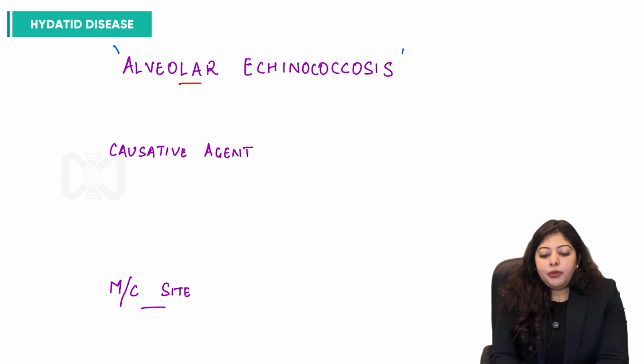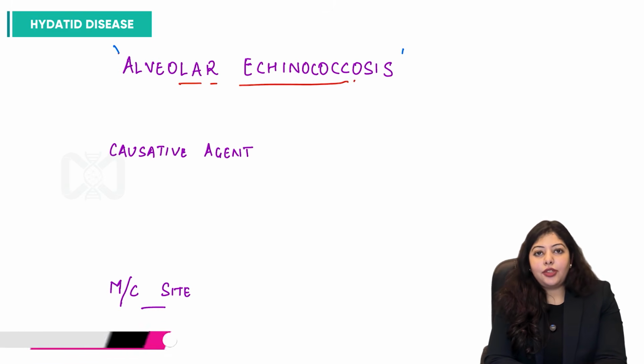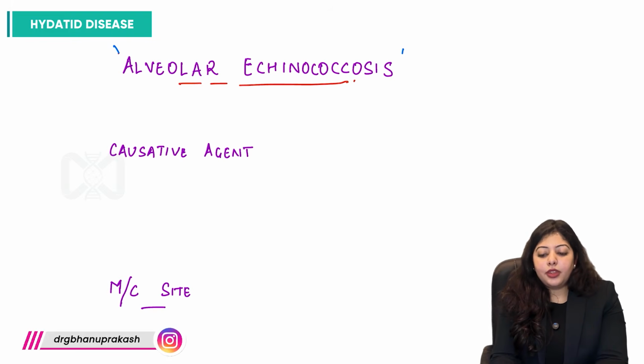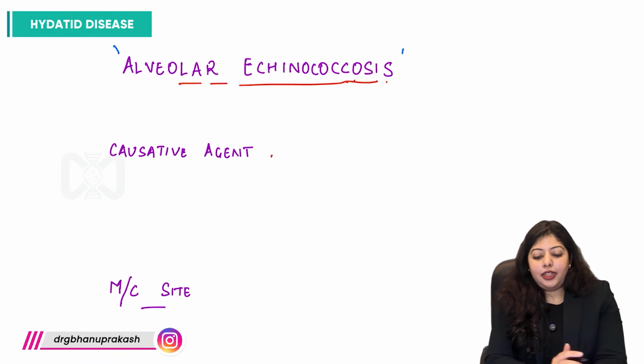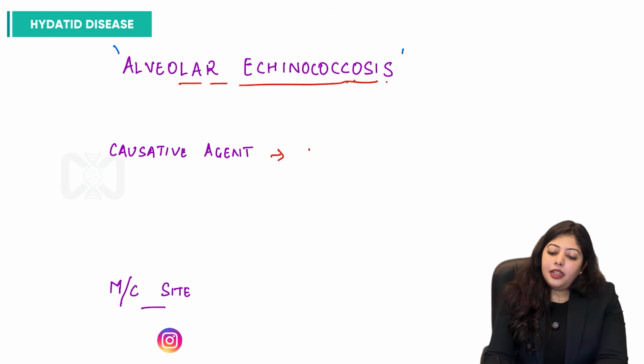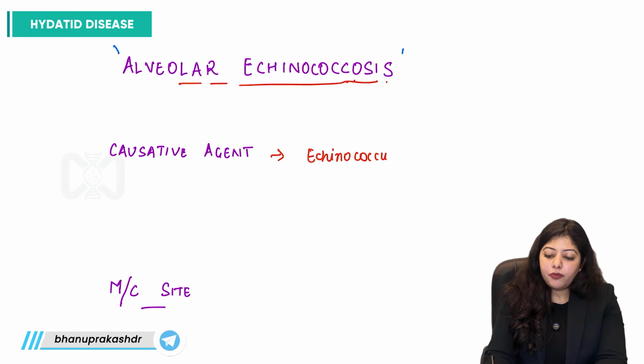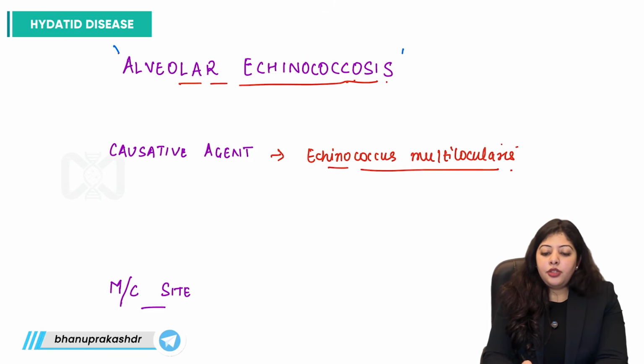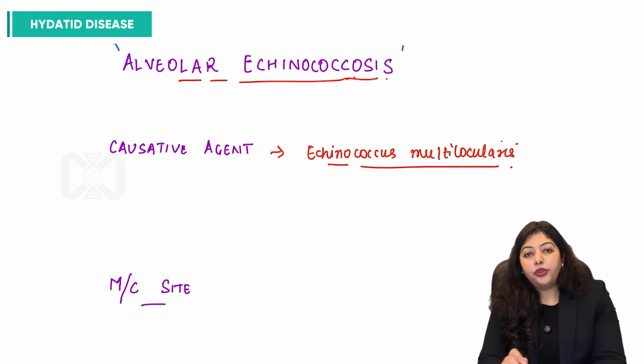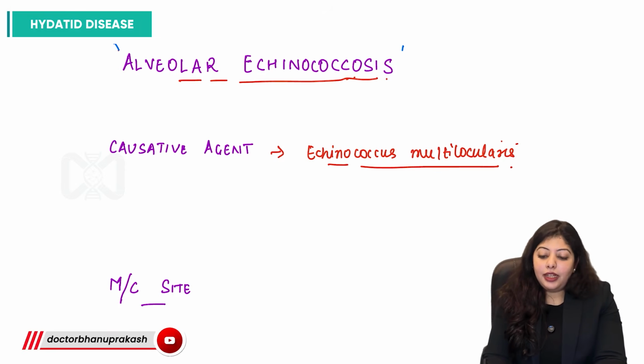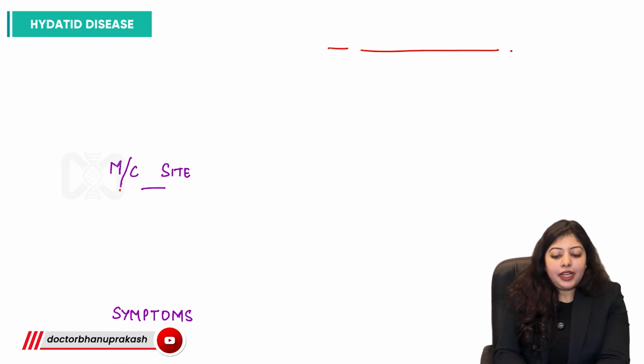Since we have already spoken about Echinococcus granulosus as a whole, the most important species, now we will come to the another species, that is Echinococcus multilocularis. So it causes alveolar echinococcosis, just like these multiple locules will resemble the lung alveoli. Now comes the catch.